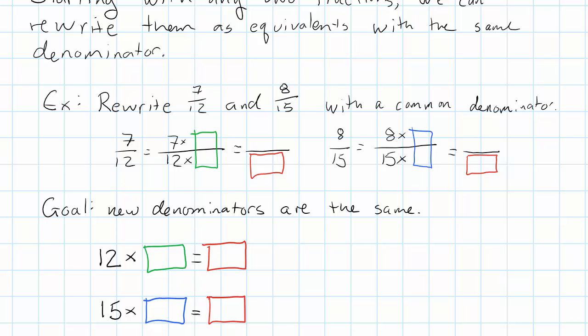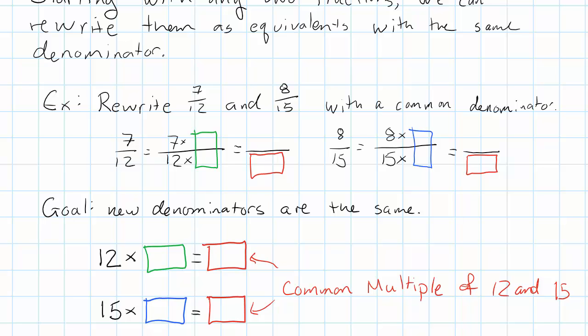That's a multiple of 12. A number that's 15 times something, that's a multiple of 15. The number in red has to be a multiple of 12 and 15 at the same time. We call a number like that a common or shared multiple of 12 and 15.